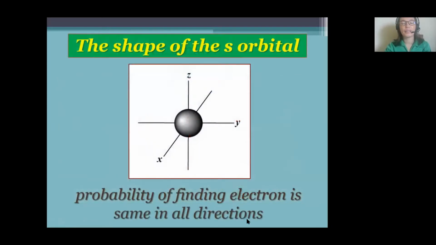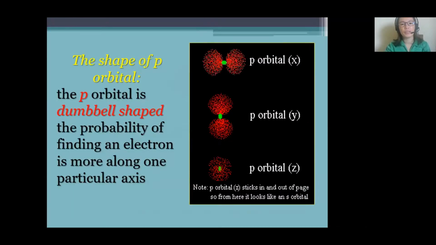And since this describes the shape of the probability distribution, this represents the s orbital. Here, the probability of finding the electron is the same in all directions. The p orbital is a dumbbell-shaped orbital wherein there are three p orbitals.